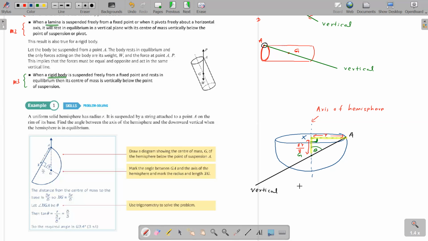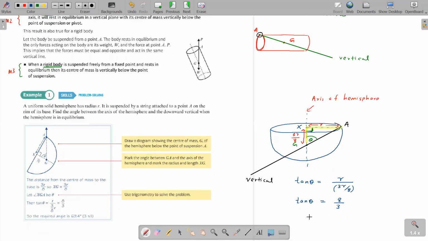We can go for tan theta. Tan theta is opposite over adjacent. So tan theta is 8/3, and you can do tan inverse of 8/3 and give your answer in degree mode. So that's the answer they have given here, 69.4 degrees. That's correct.